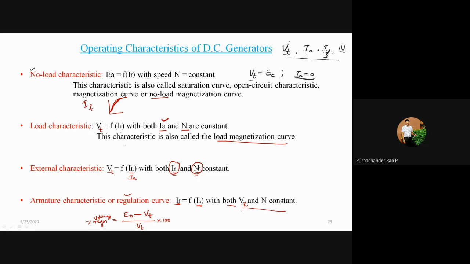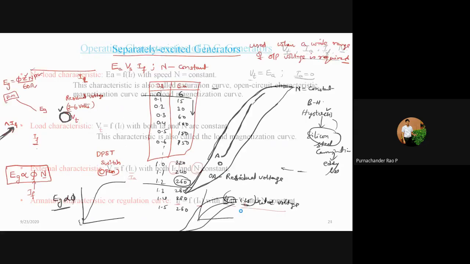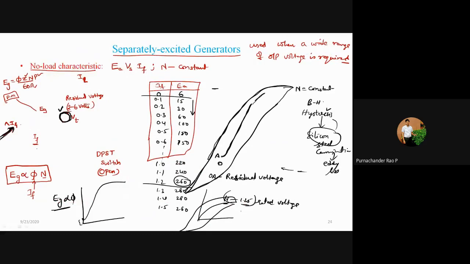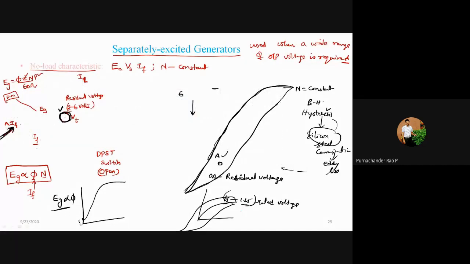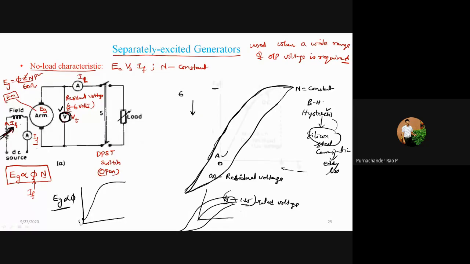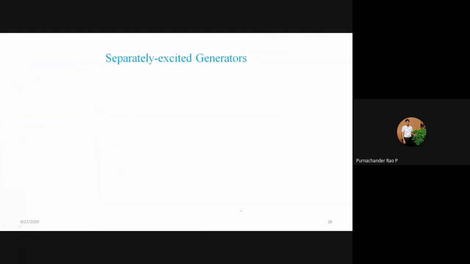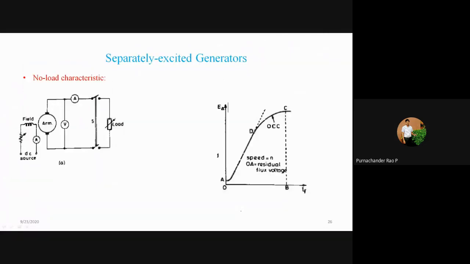Okay, so to have a perfect regulation, what must be the ampere turns, and we have to discuss that. So yesterday we have gone through the no load characteristics. Am I right? So the no load characteristics is drawn between the EG or EA versus IF.